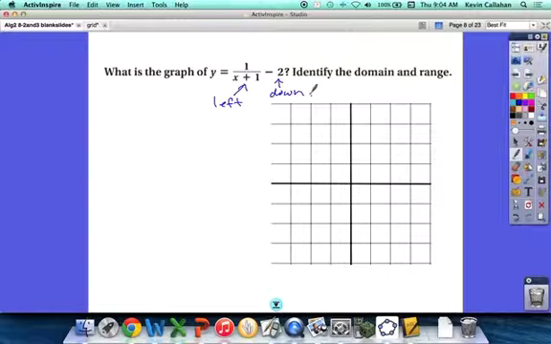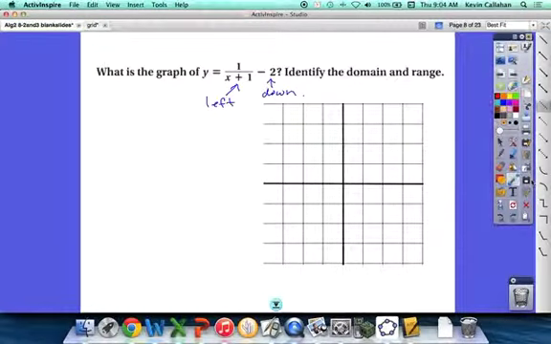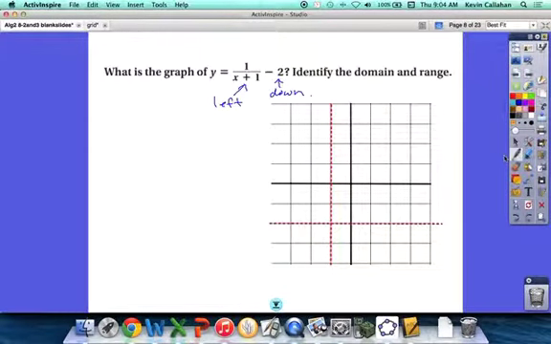So if we're going left 1, that means we want to sketch our asymptote left 1, right? And if we're going down 2, that means you're going to draw this asymptote here. Do you see how that's what happened to the asymptotes because we shifted the graph? Left 1, down 2. So we're not moving a line, we're moving the asymptote.